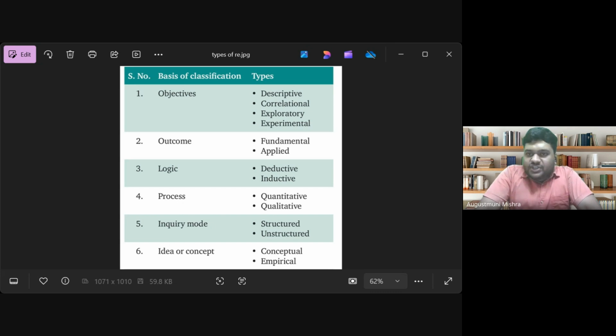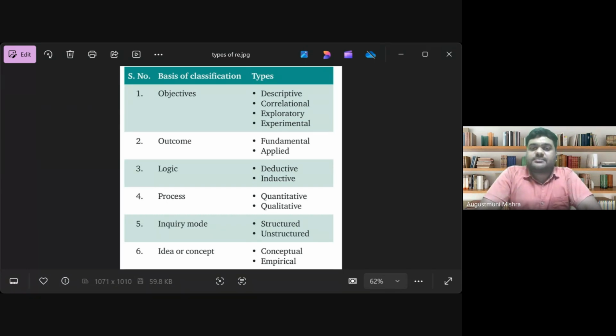There is a possibility that the presence of an observer could interfere with the respondent's ability to answer accurately. This effect is called the observer effect. This term is very important, you can note it down. When the presence of an observer interferes with a respondent's ability to answer accurately, this is known as the observer effect.